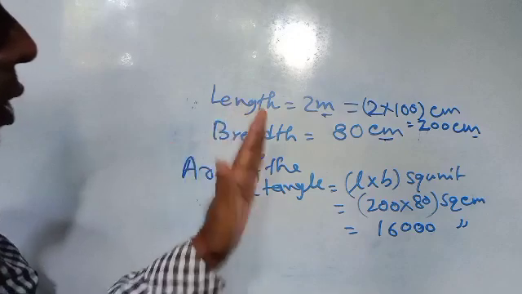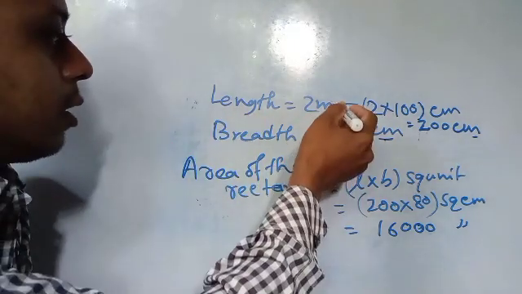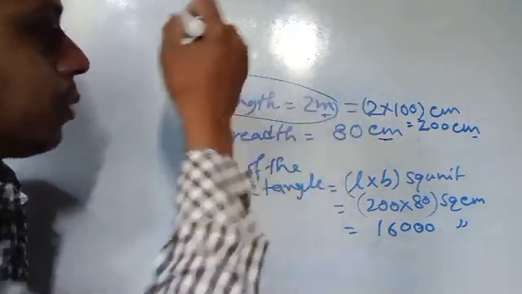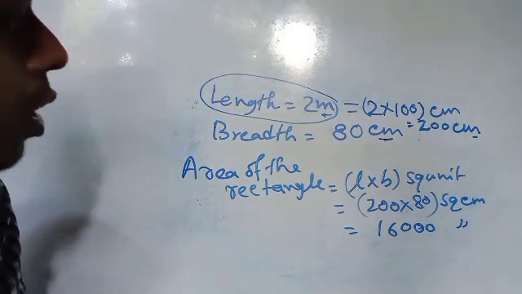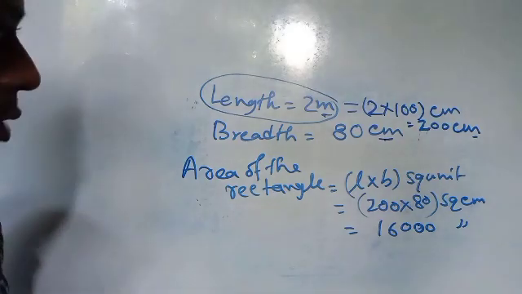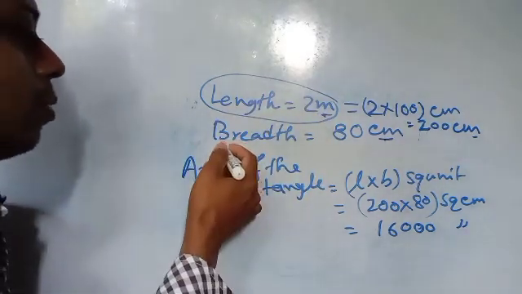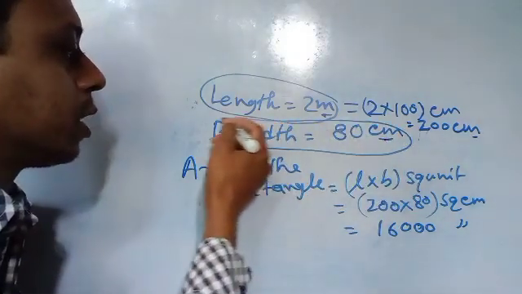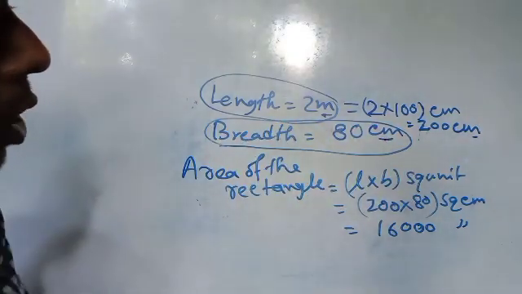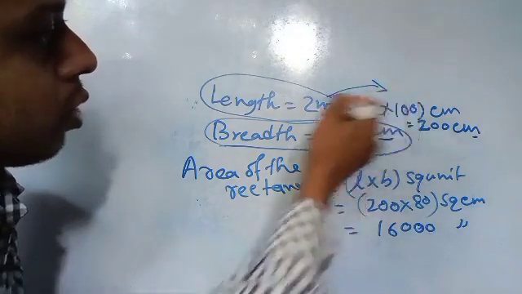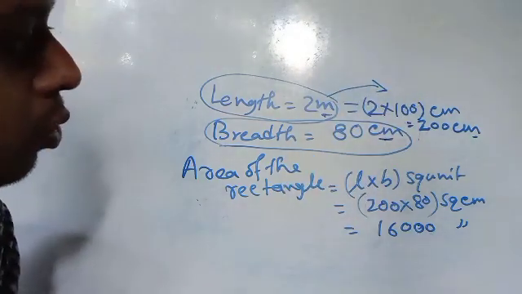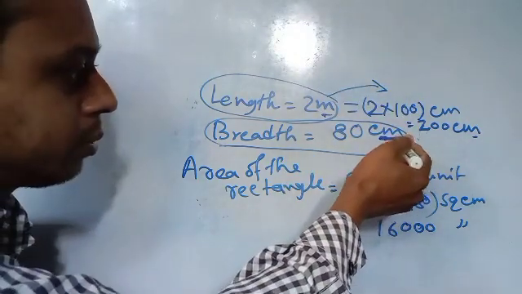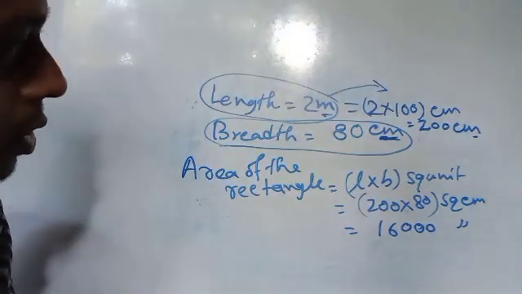So if the sum is like this, the length is given in terms of meter and breadth is given in terms of centimeter. So first of all, what to do? Meter you convert to centimeter. Whatever the lower unit is, that one you have to consider first.